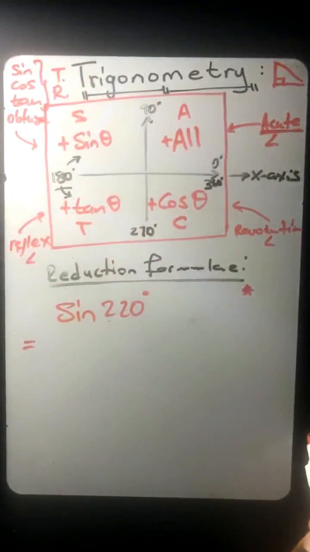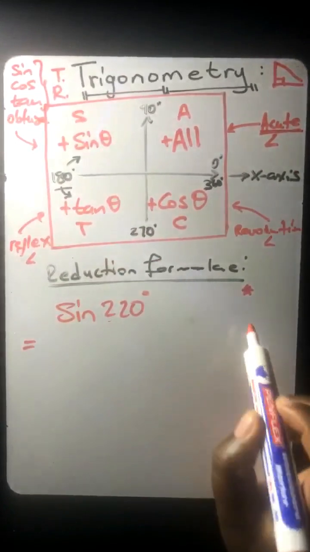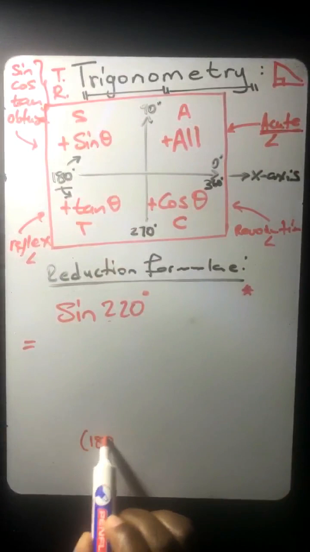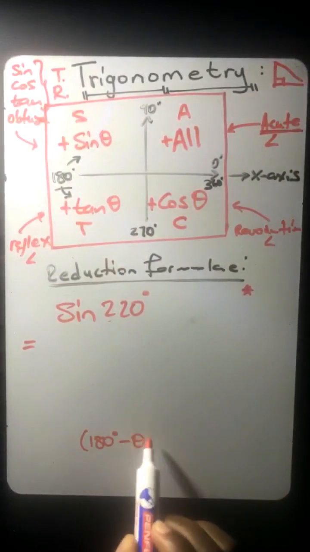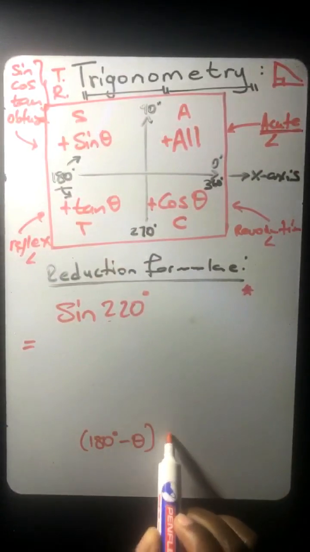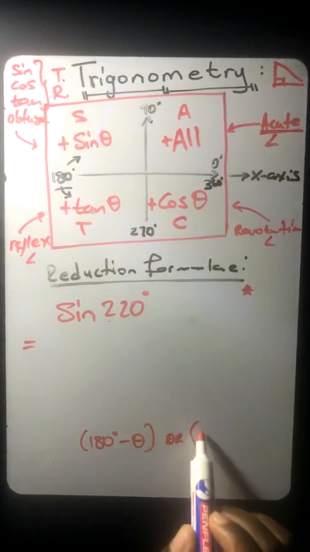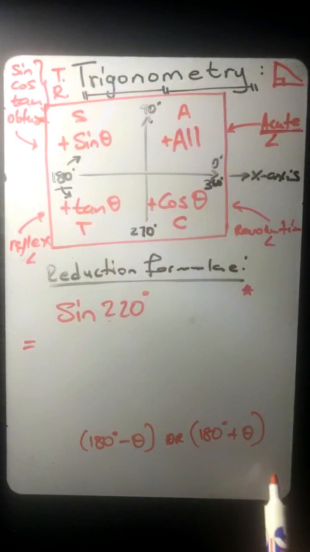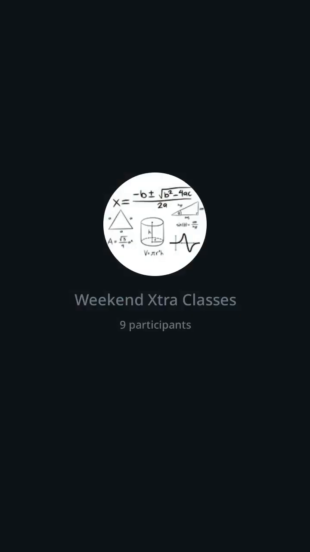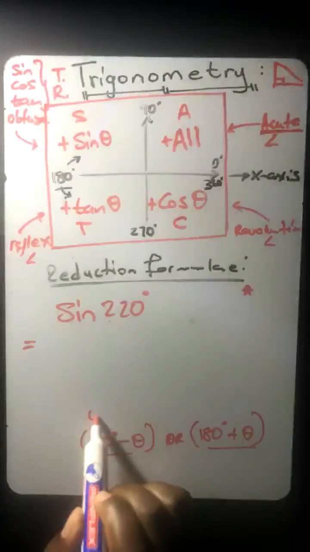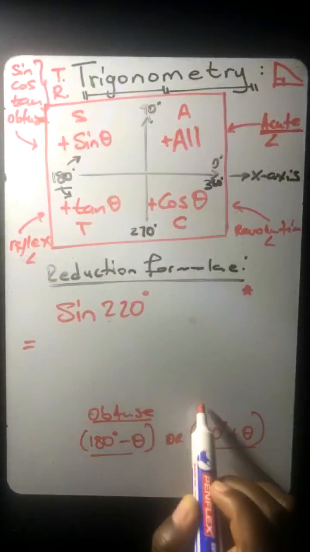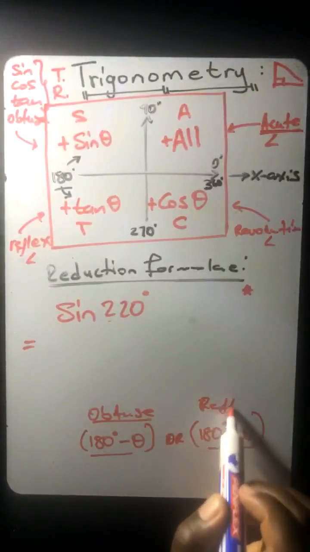So between these two trig ratio reduction formulas, the one for 180 degrees minus an angle, or the one of 180 degrees plus an angle, you need to choose which one is applicable.